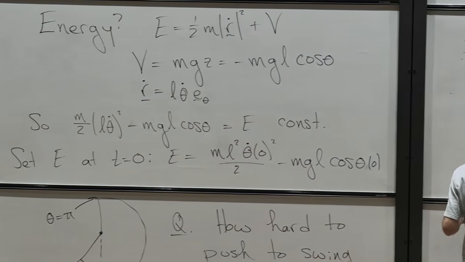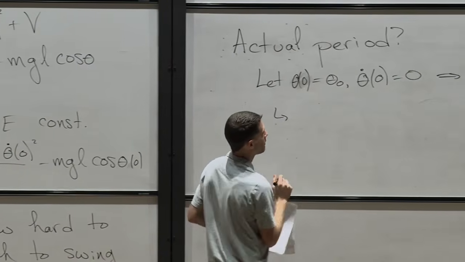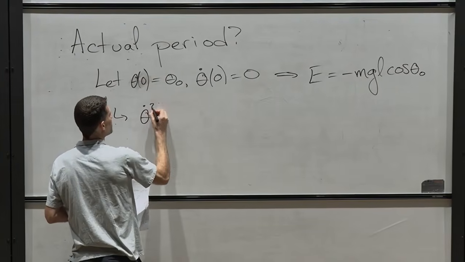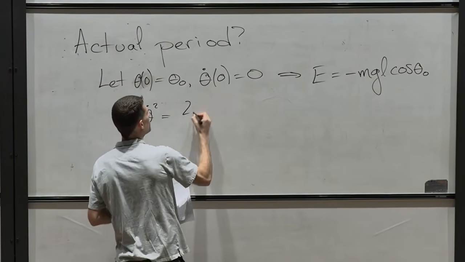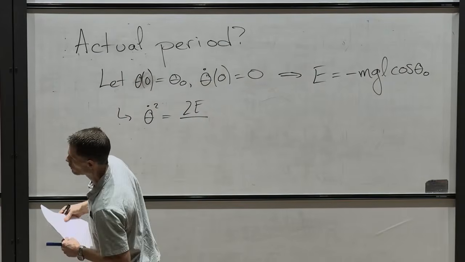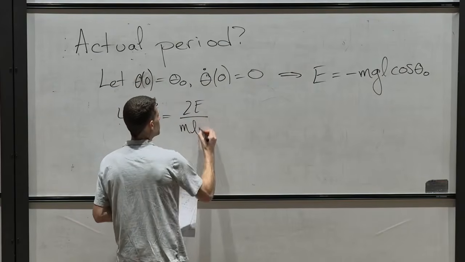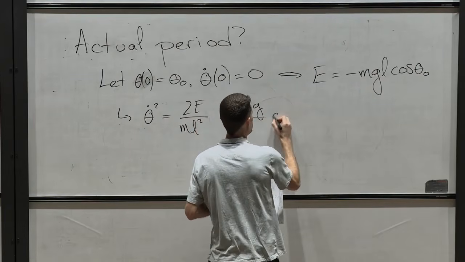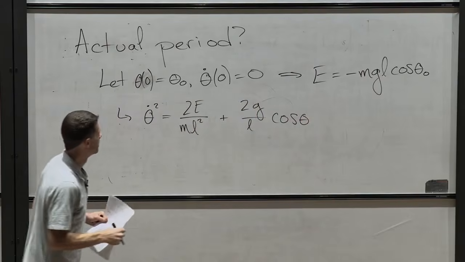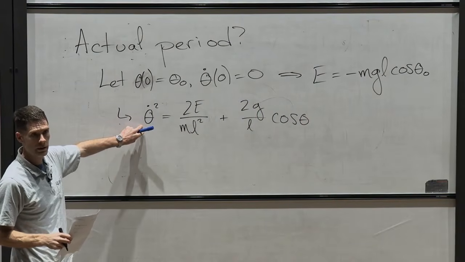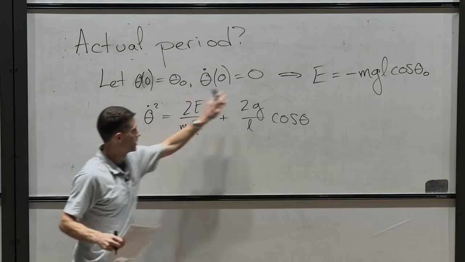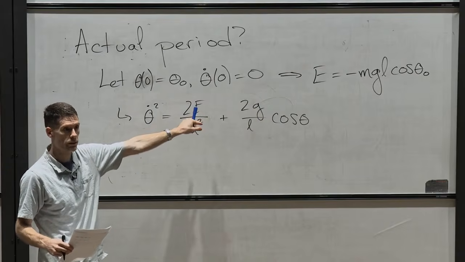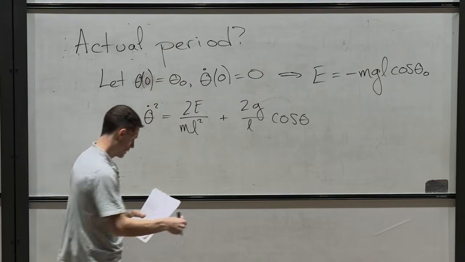So theta dot squared, if I plug in that value of E and solve this energy equation for theta dot, I get theta dot squared is 2E over ml squared plus 2g over L cosine theta. Right? That's d theta dt. So if I take a square root and divide, this is independent of t, so I can divide this whole thing below the d theta, and I end up with a dt sitting on its own, so that's a time, and I end up with an ugly integral.